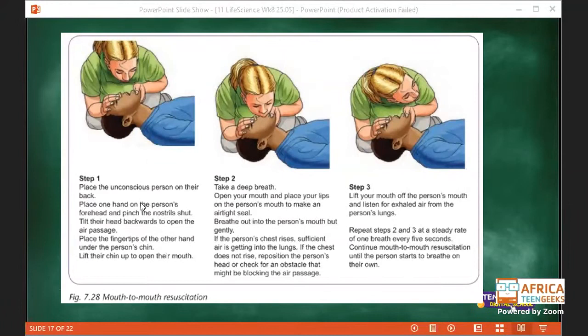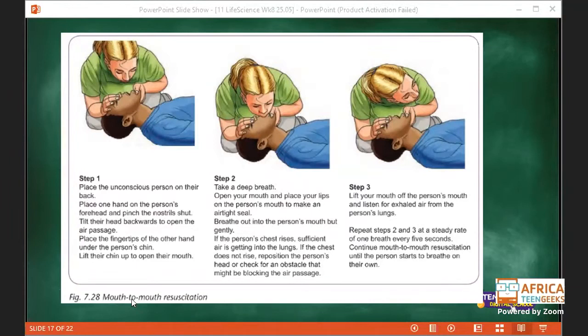Then step 2, take a deep breath. Open your mouth and place your lips on the person's mouth to make an airtight seal. So you're breathing in, and then you're going to breathe out into the person who has stopped breathing. So a question might arise: if we breathe out carbon dioxide, how will that be helpful?